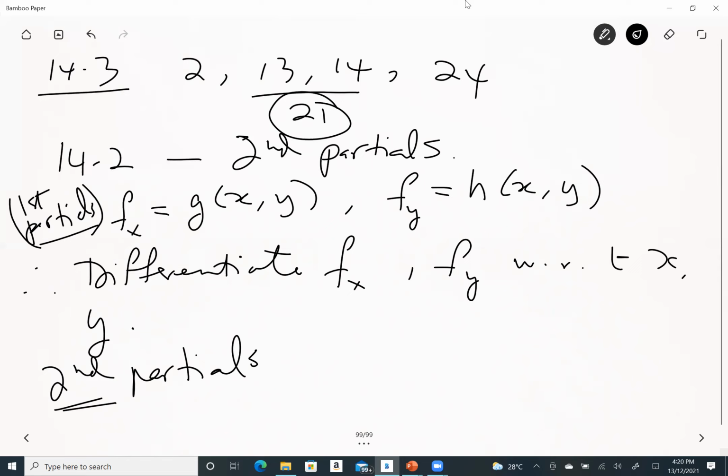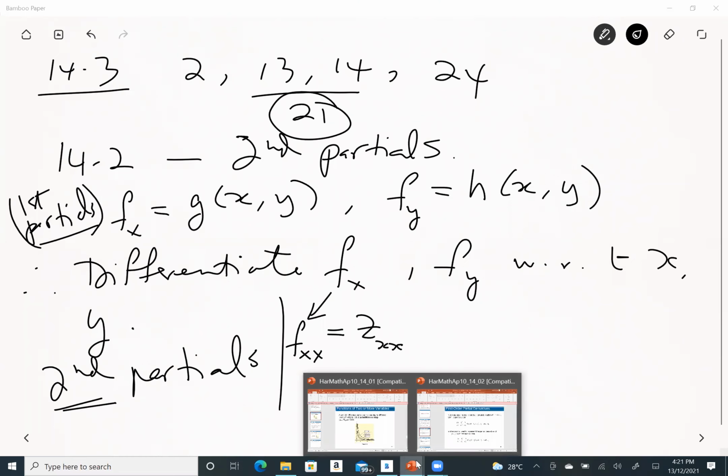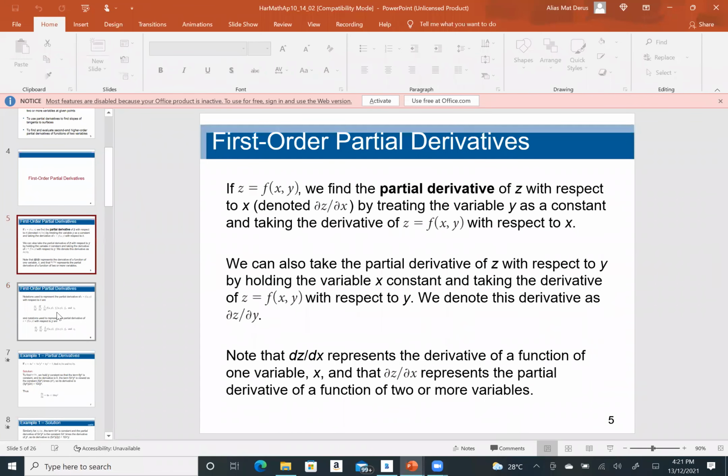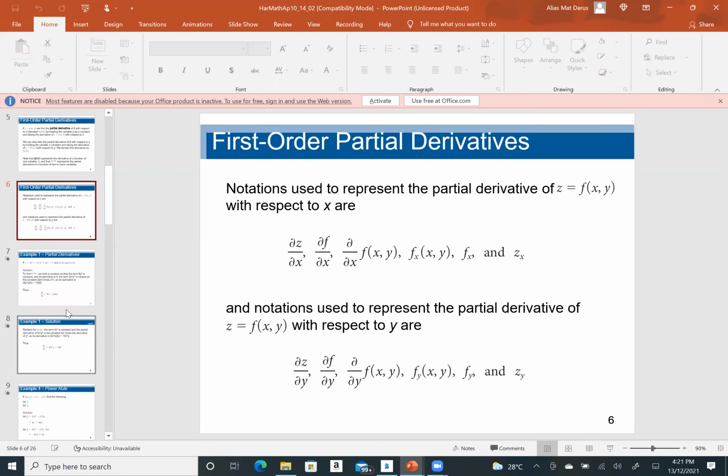So how many derivatives can we take? If you look at fx, I can differentiate fx with respect to x because fx is a function of x. So what is fxx or zxx? We just use the simple notation. If you look at the book, there are more notations, but you don't have to write these; refer to the book.